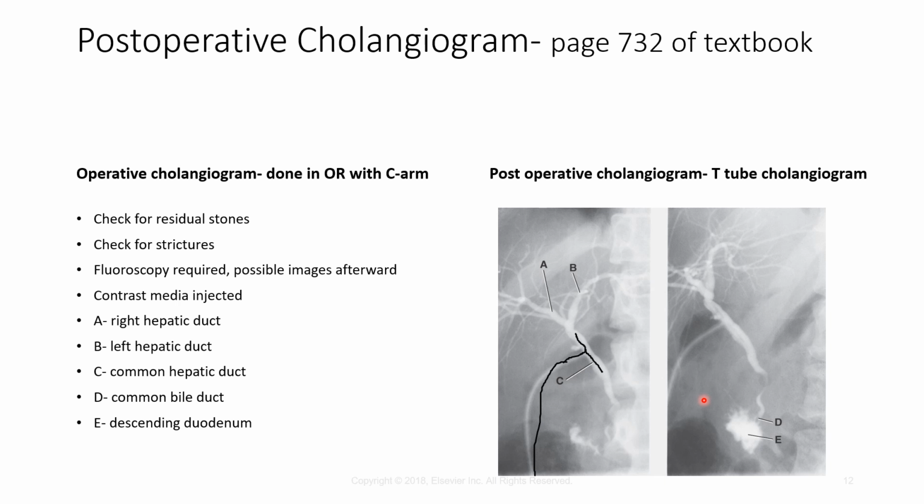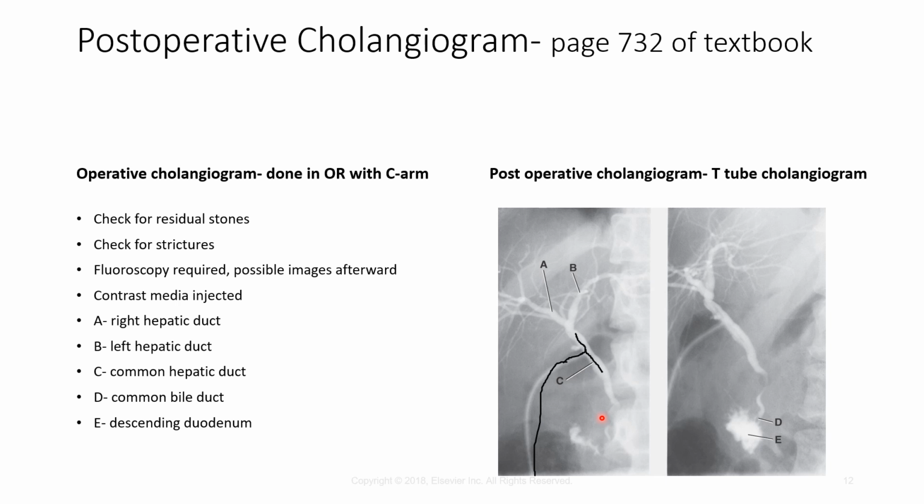But if the surgeon's concerned about that, they can put this catheter in at the end of surgery and send them to radiology to have that done. And so it comes to us clamped. The radiologist would unclamp it, push the contrast through and take some images.